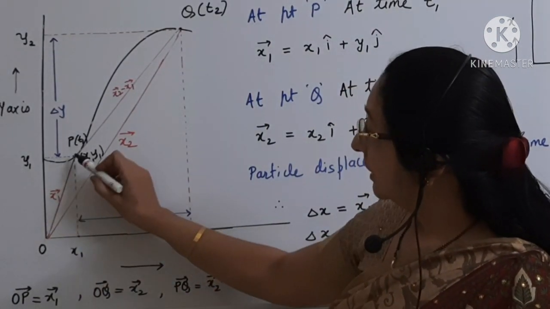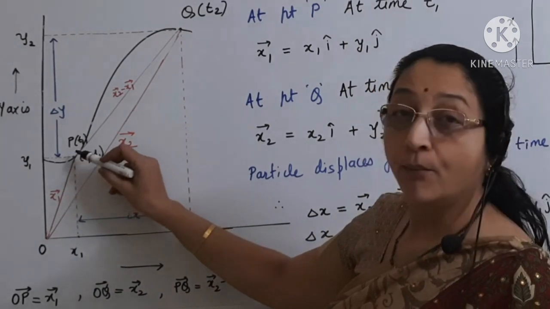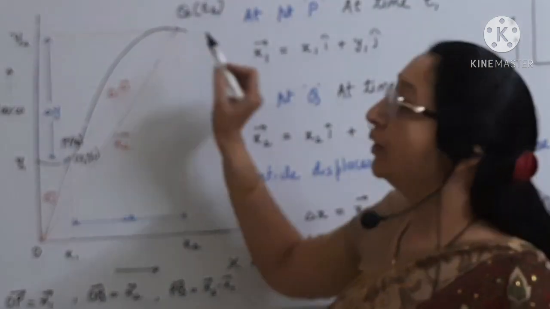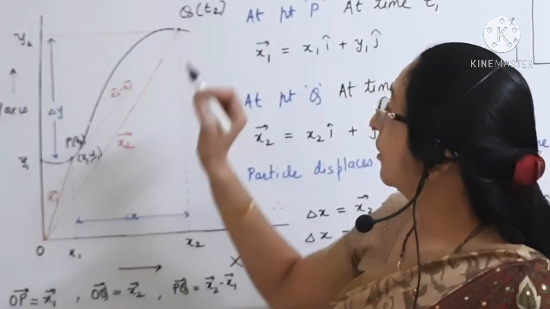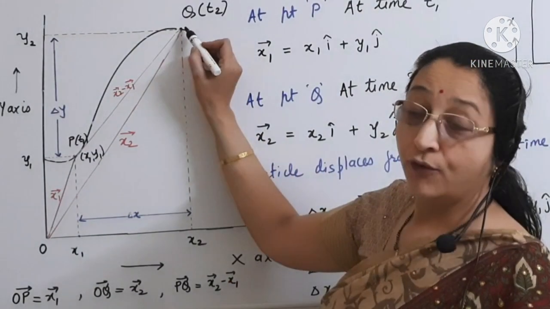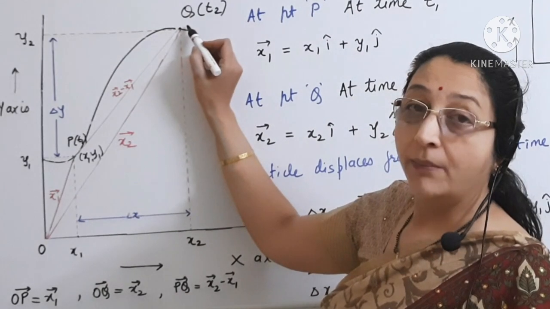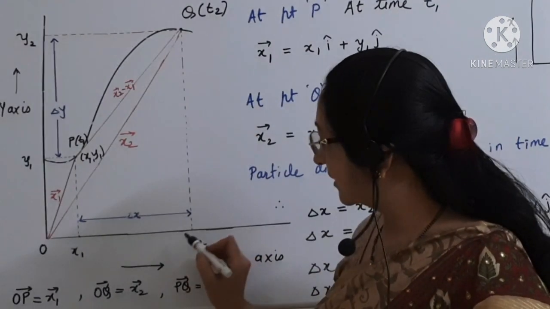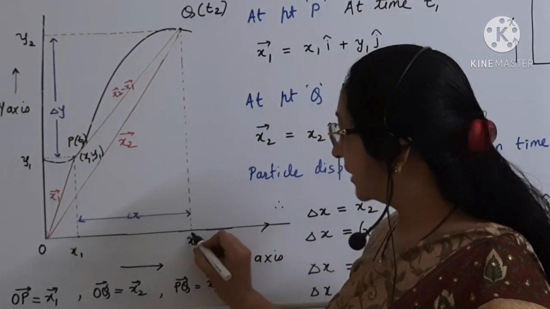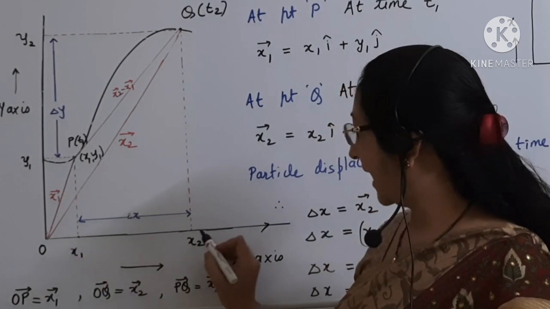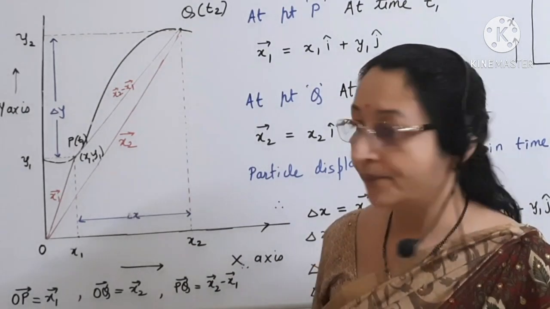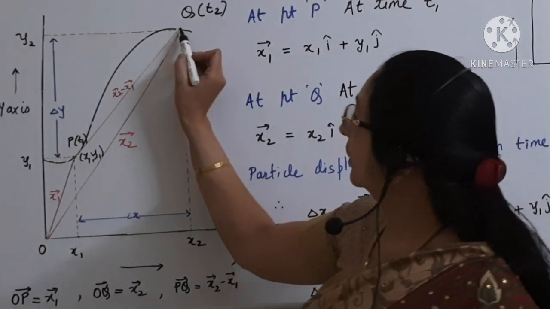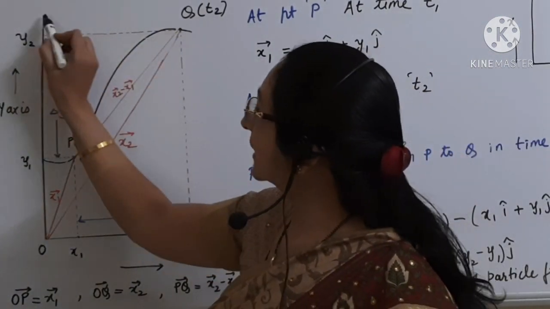Now, the particle is moving from point P to the point Q. After time t2, the particle reaches point Q. So, from point Q, we drop a perpendicular on the x-axis. It meets the x-axis at point x2. And we drop a perpendicular from point Q on the y-axis.